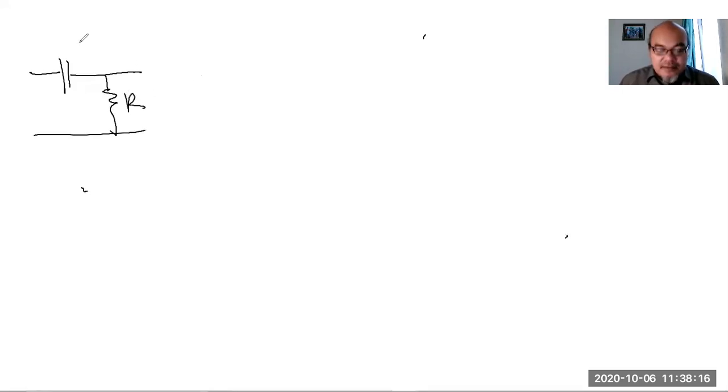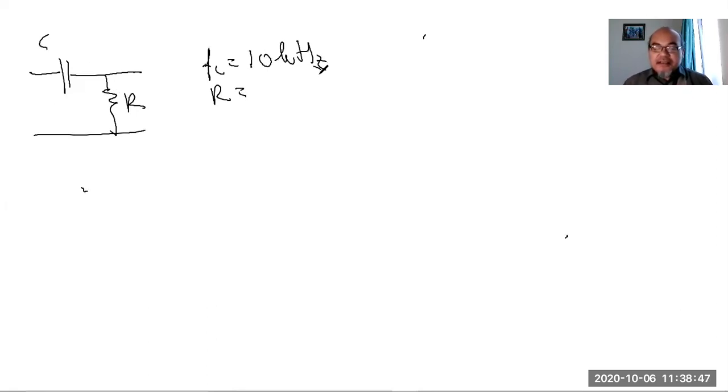This is R and this is C. Let's say we would like to design a high pass filter with a cutoff frequency of 10 kilohertz. Yeah, and what should be the value of R and C?